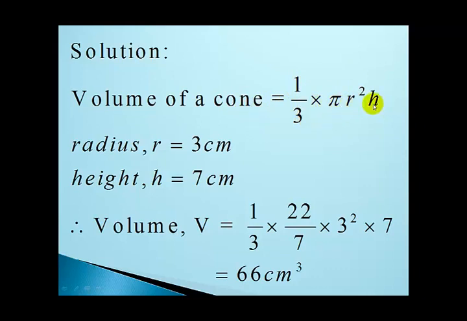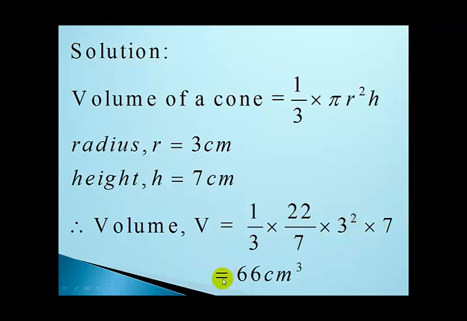From the question, we are given the radius r to be 3 centimeters and the height h to be 7 centimeters. So the volume V is equal to 1/3 times 22/7 times 3 square times 7.